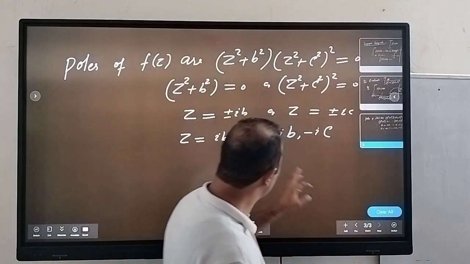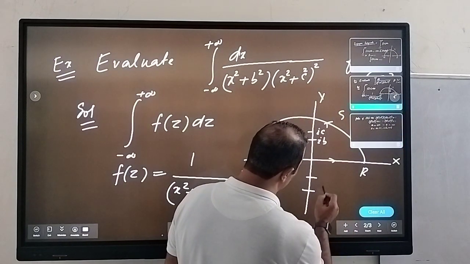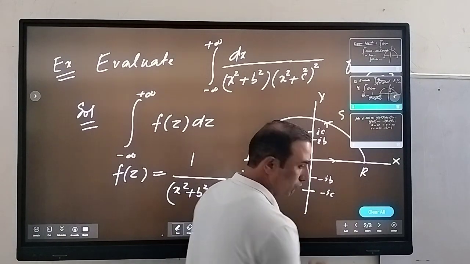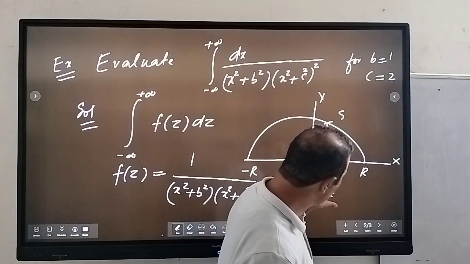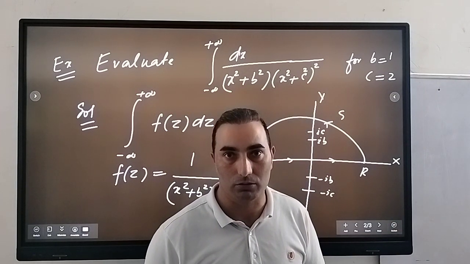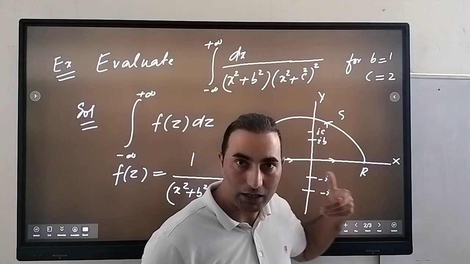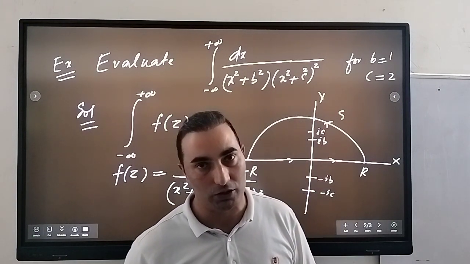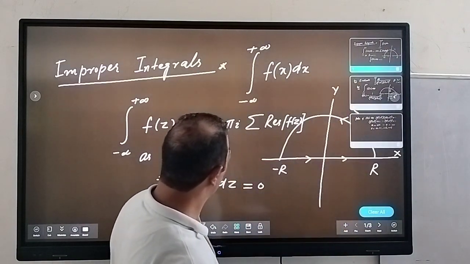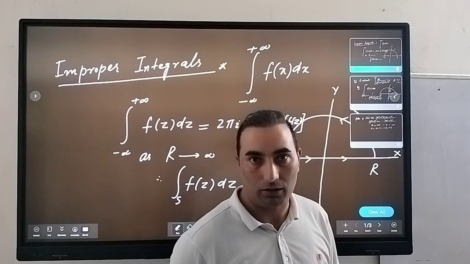But if you have a look at these, that's minus iota b and minus iota c, they will be somewhere here, suppose. So that means there is no need to calculate the residue at these poles because they are lying outside our domain, outside our closed curve, right? So we need to calculate the residue at these two poles, that is z equal to iota b and z equal to iota c, right? So calculate these residues and then substitute them here, and this basically solves our integral, right?